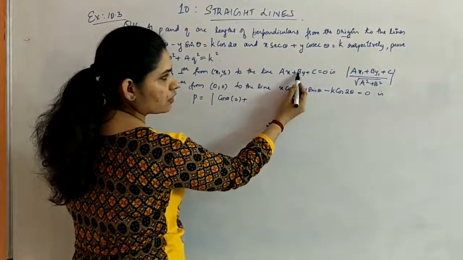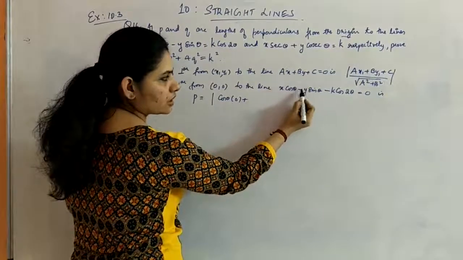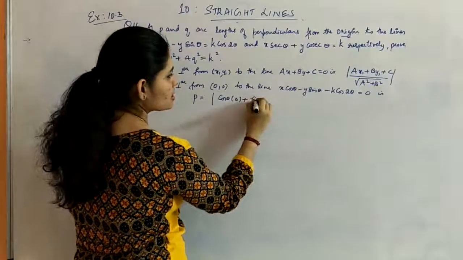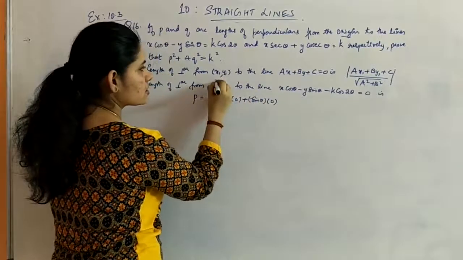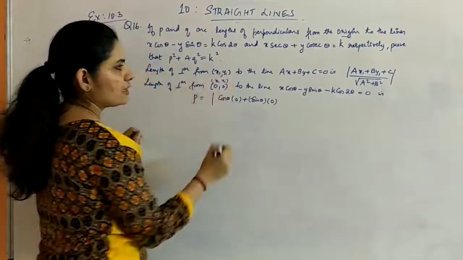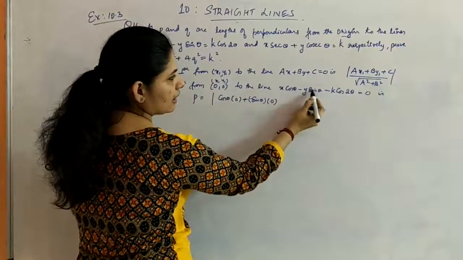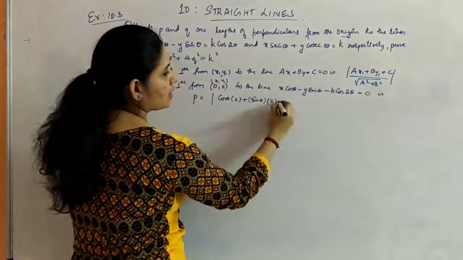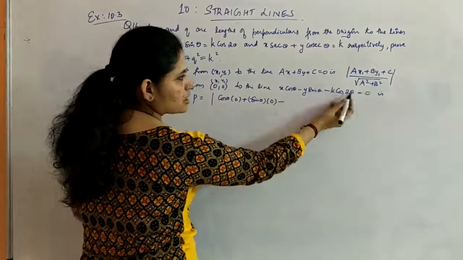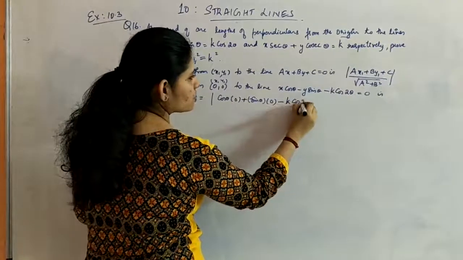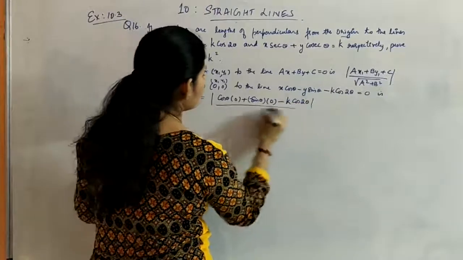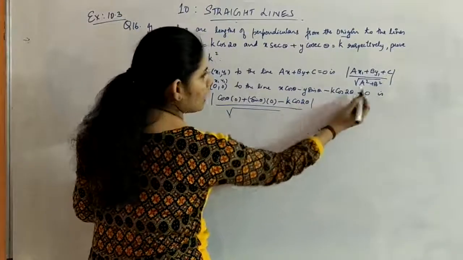So the coefficient of y will be B. So it is minus sin theta into y1, again 0. So this is your x1, y1 comparing with this. And here you will have A, B and C. Plus C. So C is this one, minus k cos 2 theta, divided by root of A square plus B square.